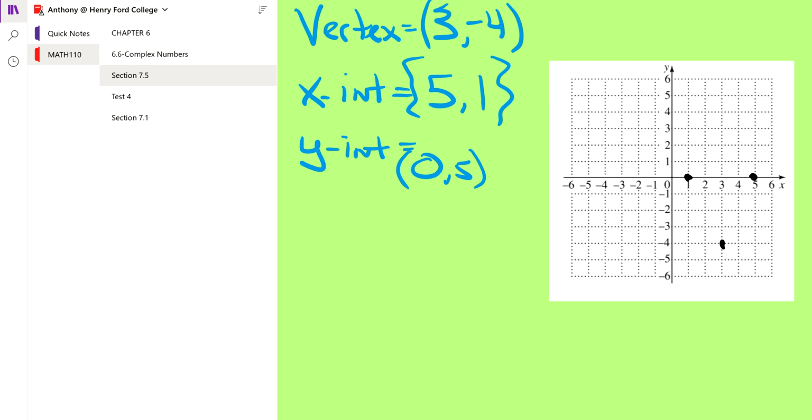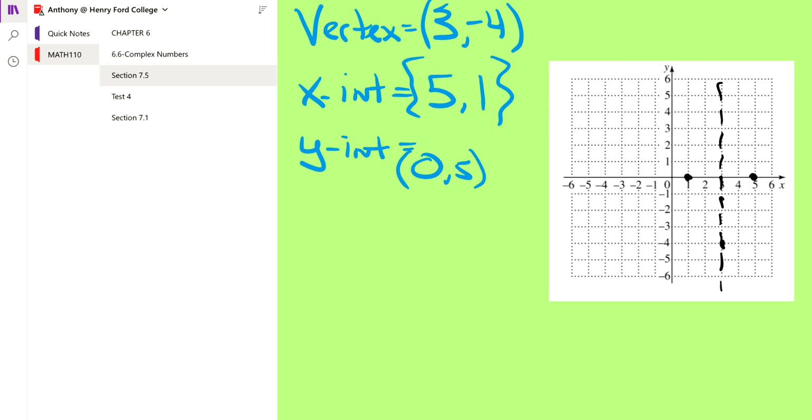And you'll notice, there's a little time to check, this line here is called the line of symmetry. That's going to go right down the middle of the bowl. And when I come to the x-axis here and meet that, I can see that it is 2 units away from the 5 and 2 units away from the 1 on either side.